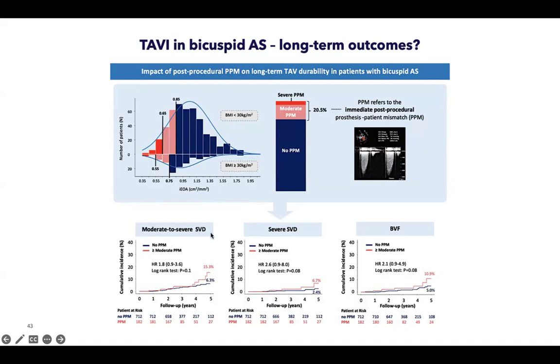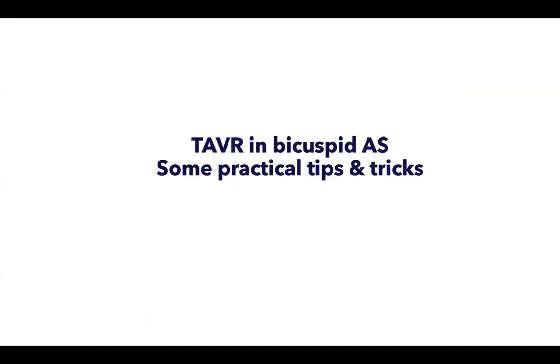You see here moderate SVD and severe SVD rates with a hazard ratio of around 2. So you have a higher risk of structural valve degeneration and also valve reintervention in this population. So again, it is better to avoid patient-prosthesis mismatch and not accept it.